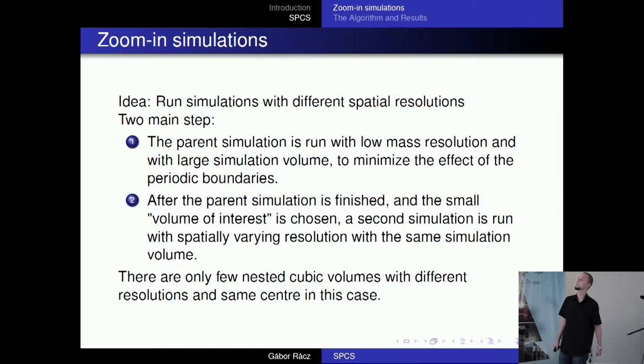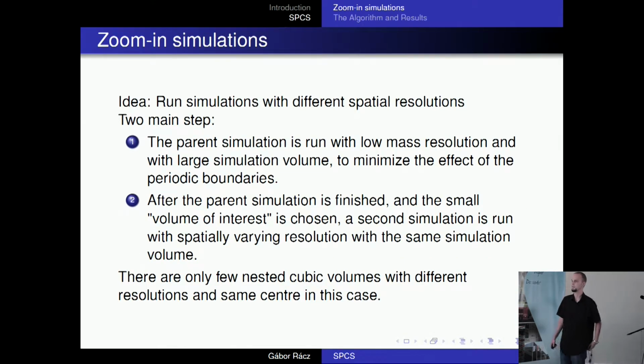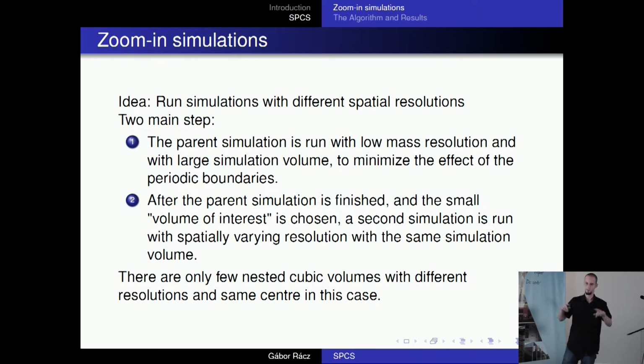So in this case, we have a smaller number of particles. So we do not have such high performance computing needs, and we do not need such a high memory. But we are also stuck in this cubic geometry.